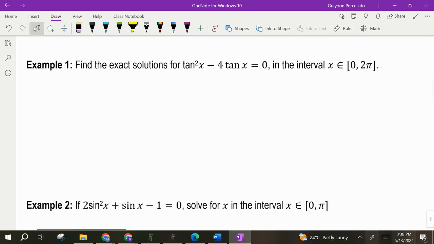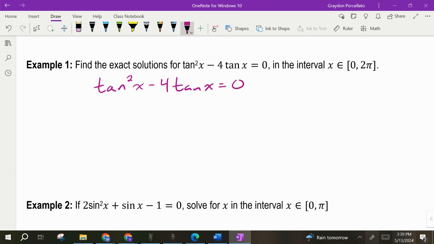We'll start with the first one. It says, find the exact solutions for tan squared x minus 4 tan x equals 0. With this first one, I'm going to write it as tan squared x minus 4 tan x equals 0.